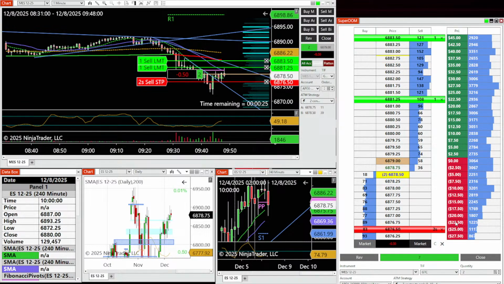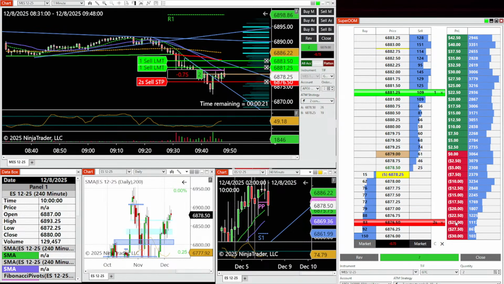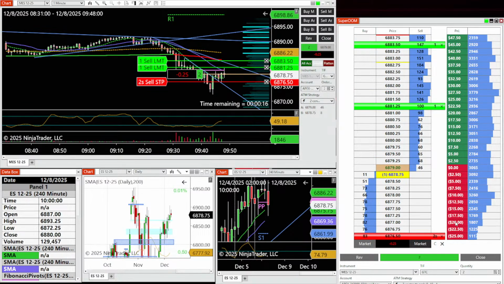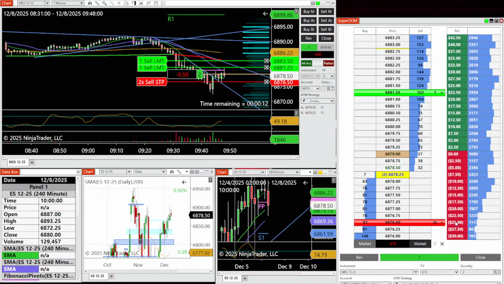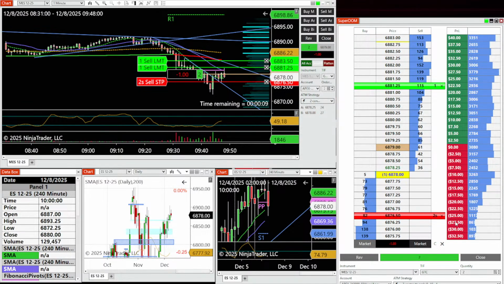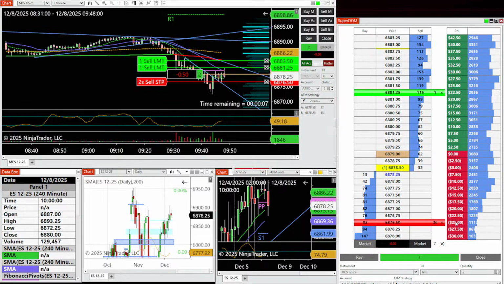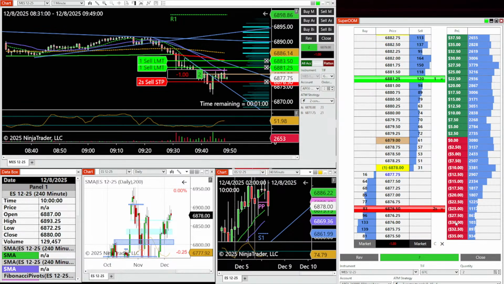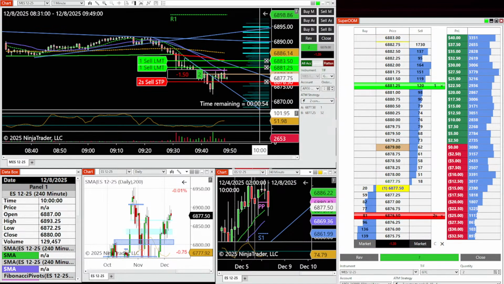Nope, first target hasn't hit. Not staying over 80 so far. I would have liked to have seen it move, but maybe this is a consolidation and it comes back down.